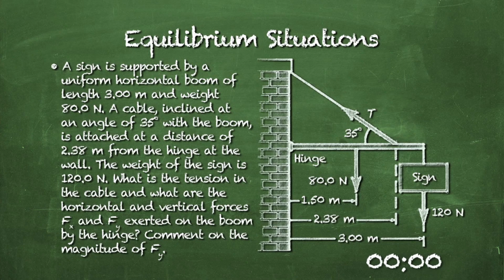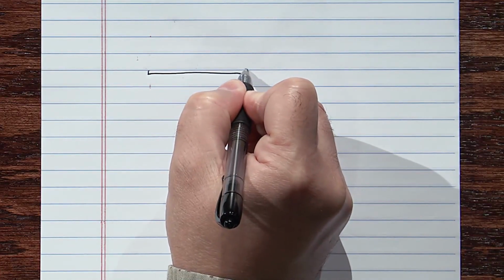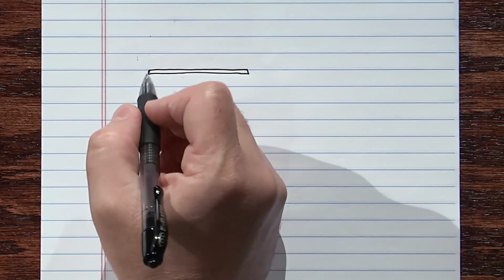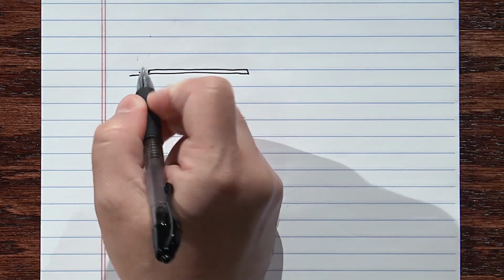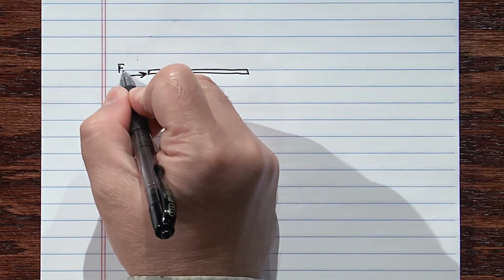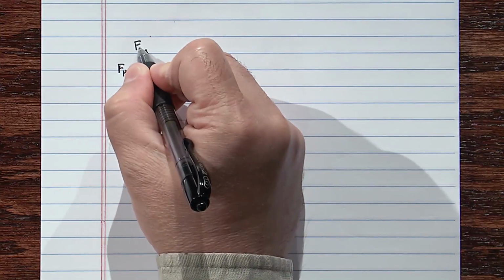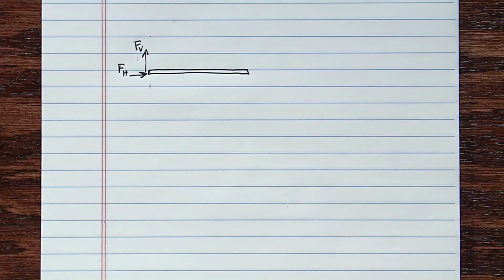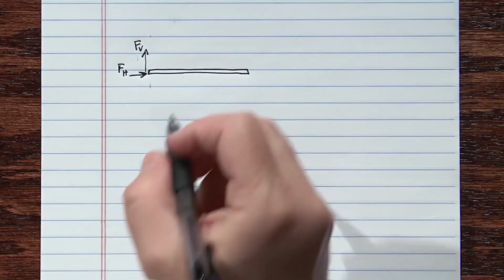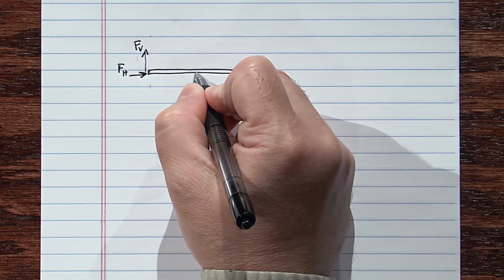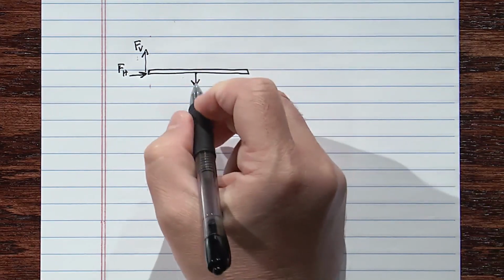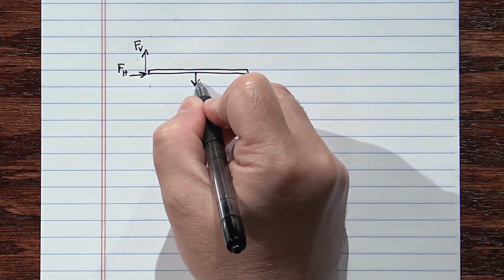Once again, we draw our boom, which is just a rod, very similar to our abstract person that we drew in the last exercise. The forces are very similar. We have the horizontal force and the vertical force at the wall at one end. We have the weight of the boom itself, which is 80 newtons.